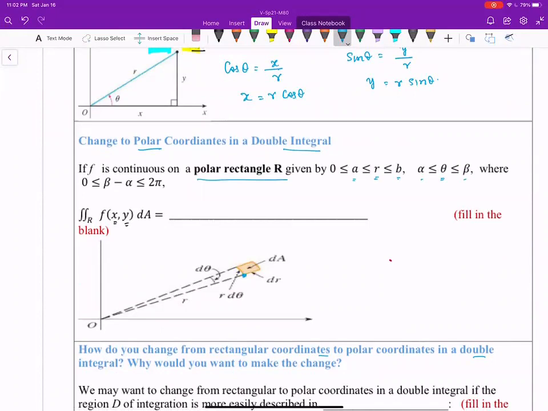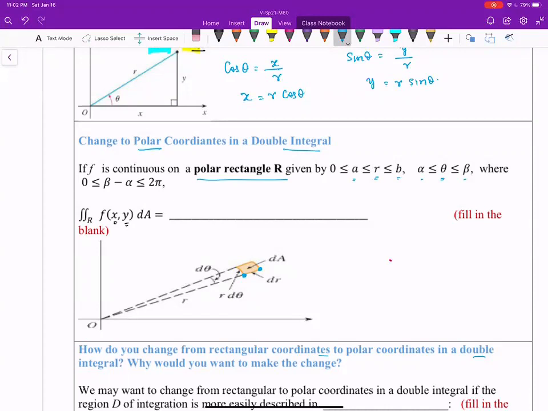From the origin to this position, the distance is r. From the origin to this position, it will be dr more, that will be b. So r lies between a and b, and the distance between them is dr.